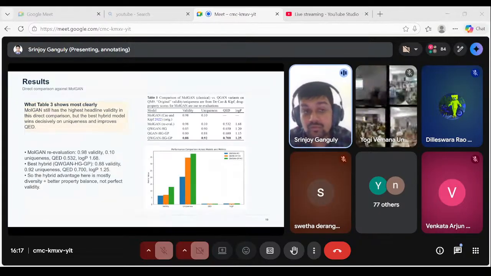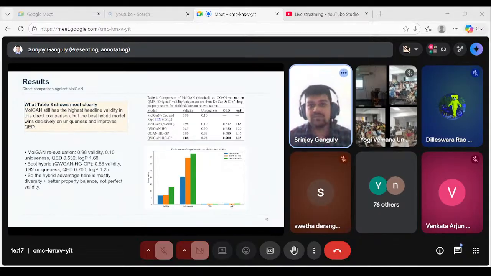So here it looks good, and we are happy that quantum WGAN with the gradient penalty is performing very nicely. But then the reality strikes, and we are going to go to that. It's not always rosy all the time.